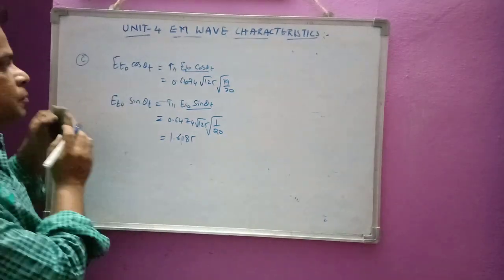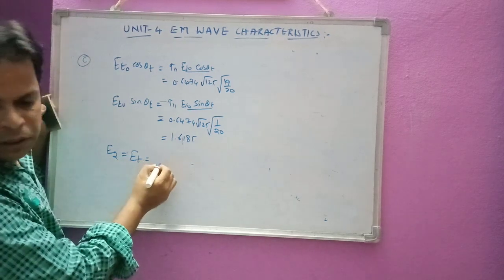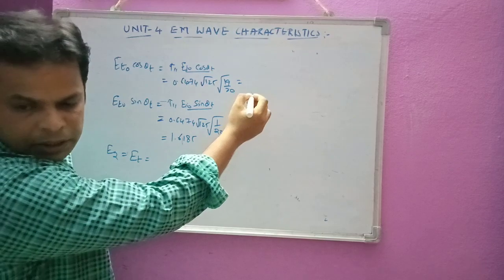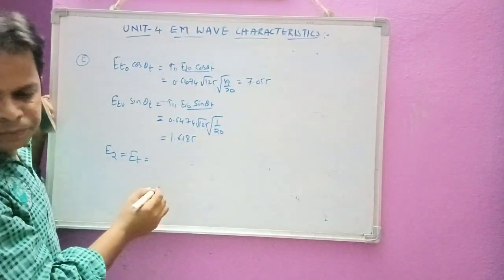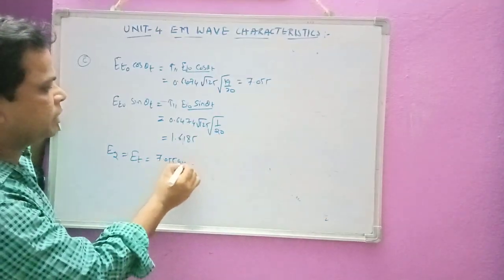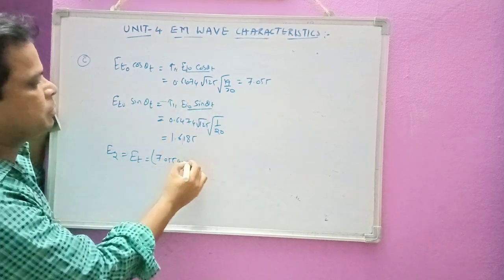ET is equal to ET naught, this value turns out to be 7.055. So it will be equivalent to 7.055 into ay, that is this value, cosine component, plus sine component here.